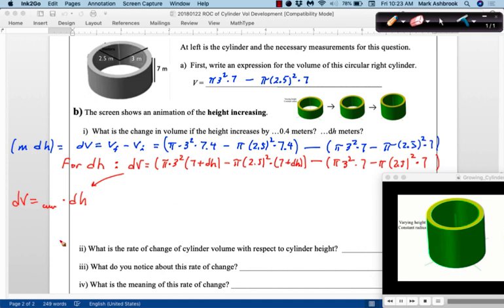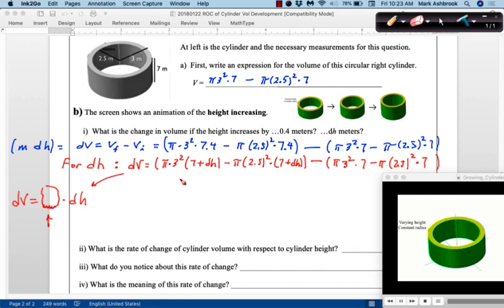It's that multiplier on any change in height that will give me the change in volume. So that's the answer to question number 2. What is the rate of change of cylinder volume with respect to cylinder height? Well, it's what we would get right here if we could transform this into something times dH. So it's not too bad.